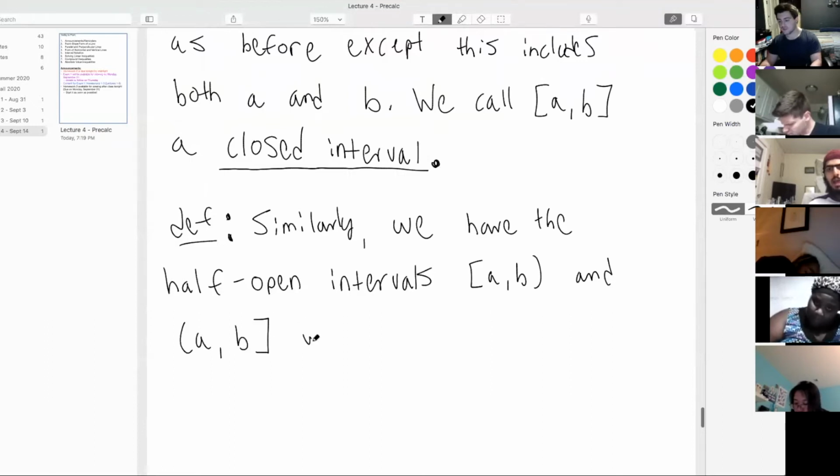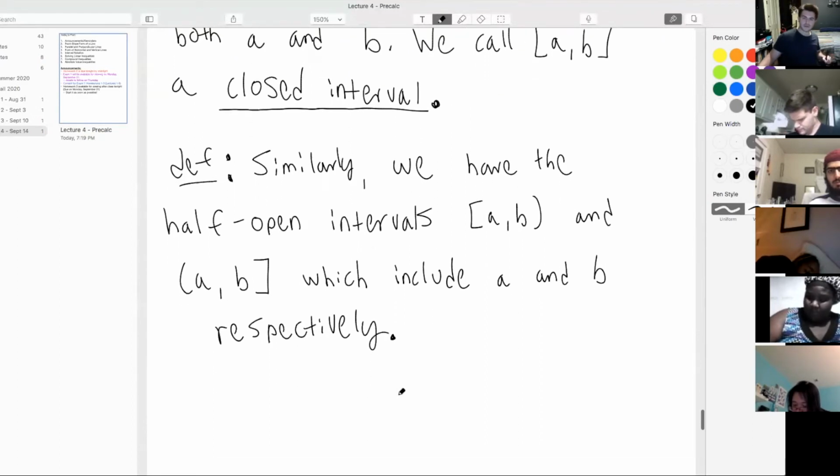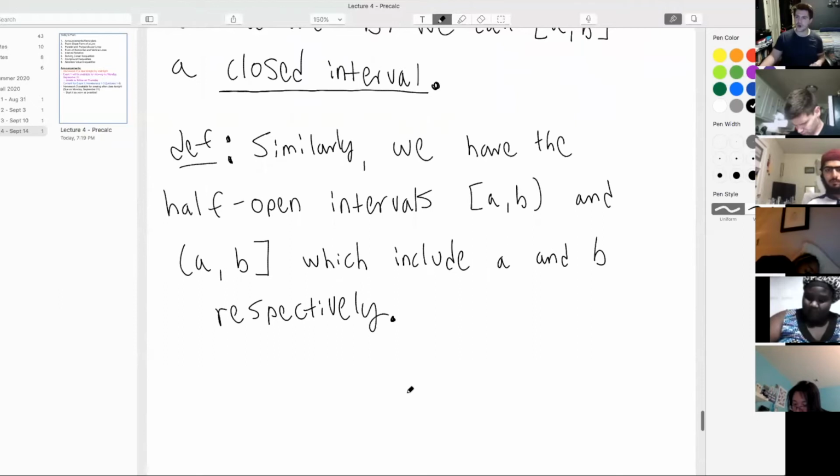These include A and B respectively. All right, let's talk about this definition quickly.